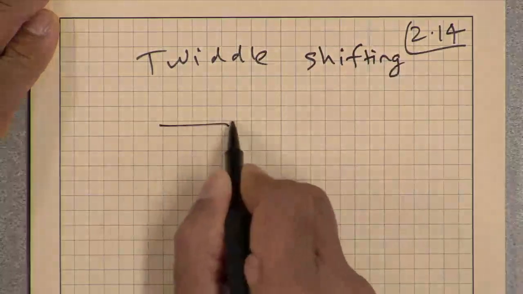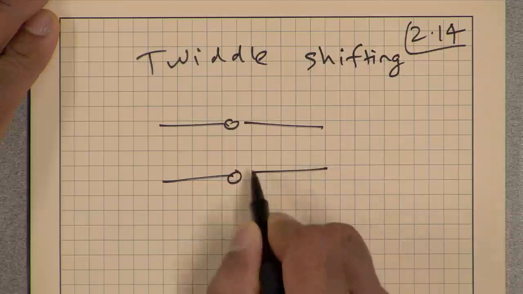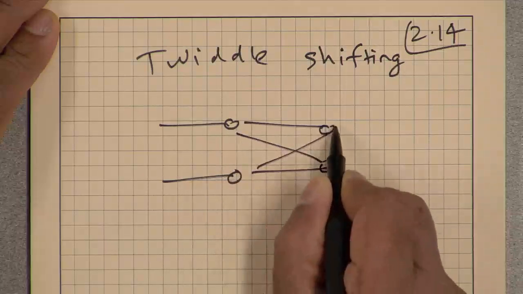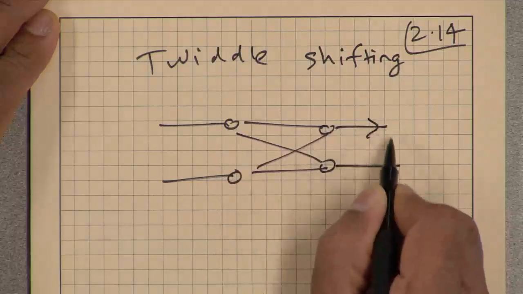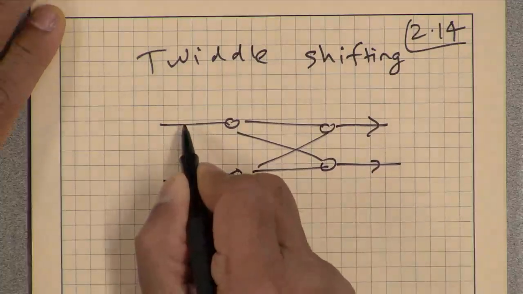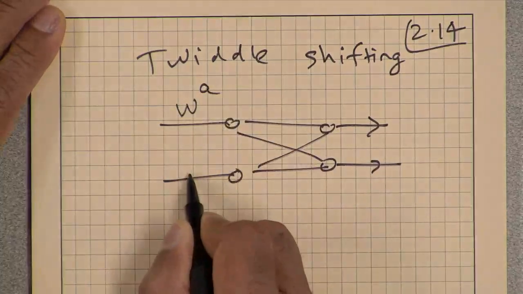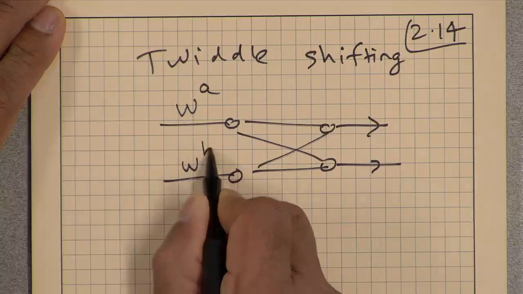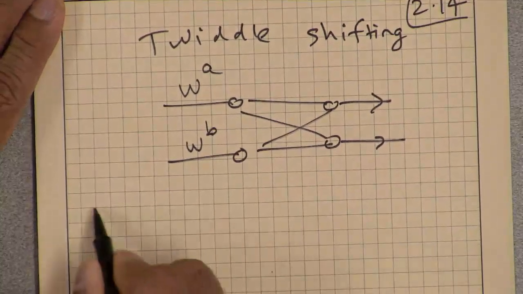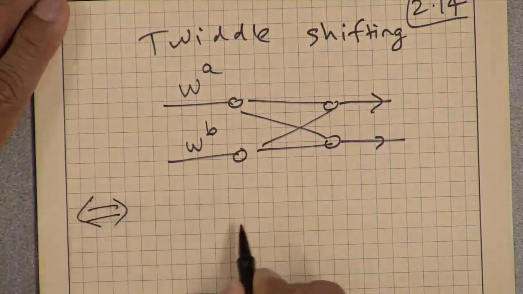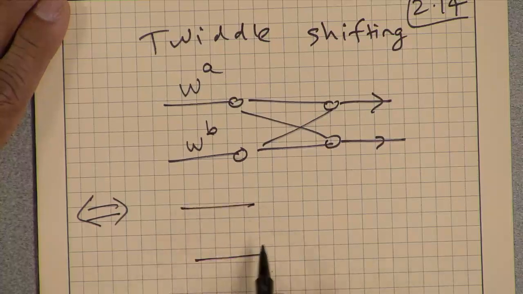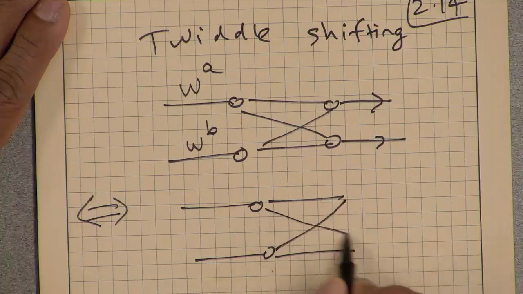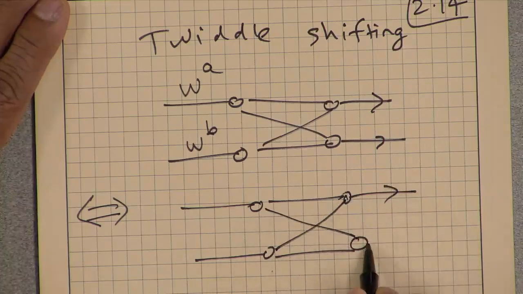If we have something like this, and let's say that we have some twiddles w to power a and b, this is equivalent to shifting a twiddle w to power c outside.